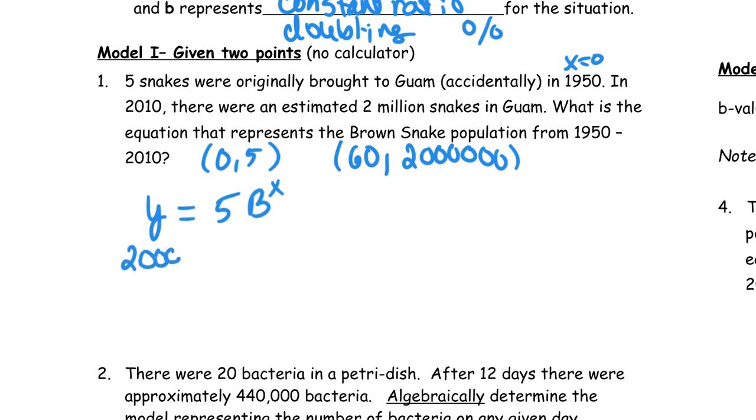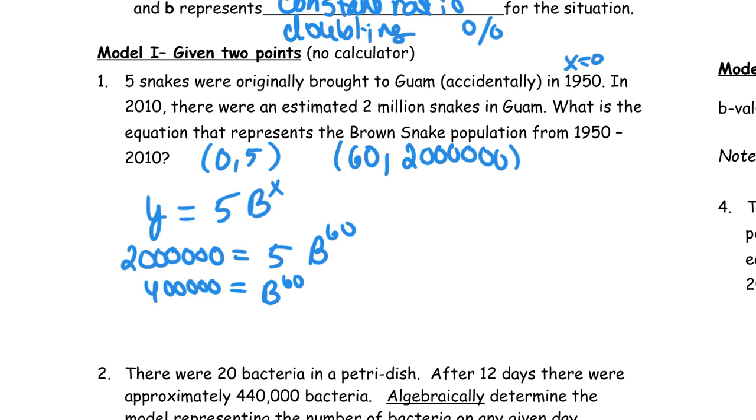So we got 2 million equals 5 b to the 60. It's totally a lot. And what we get when we divide by 5? That's a lot. Yep. 400,000.